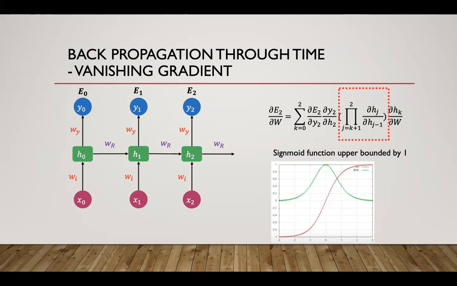Since we're using sigmoid function here, the term in the red box is less than 1, and when this term is multiplied so many times, the value will get close to 0. Then the ∂E2/∂W gradient will quickly vanish over time, and long dependencies in the earlier times will not contribute to the later times at all.